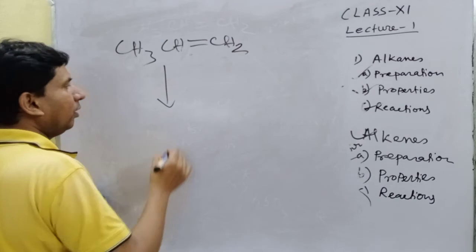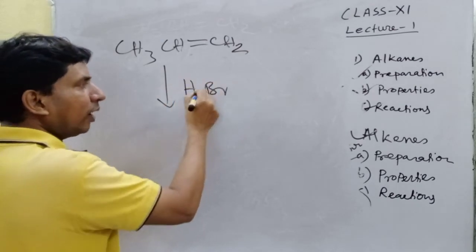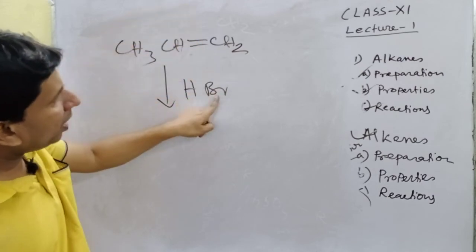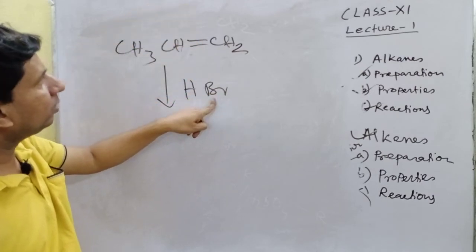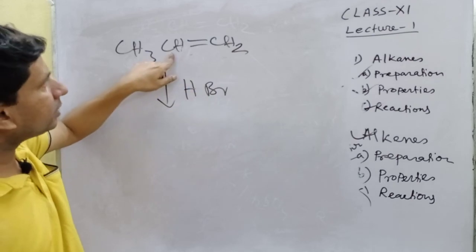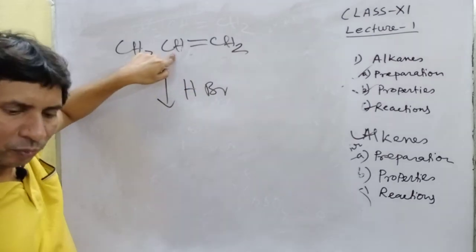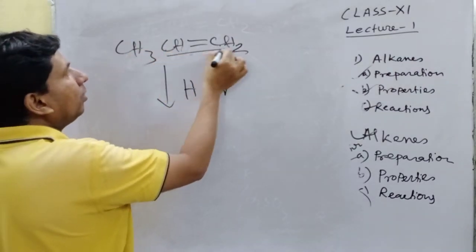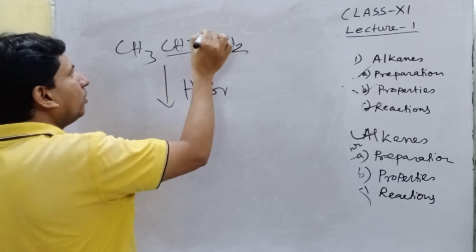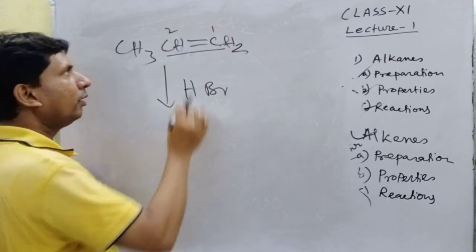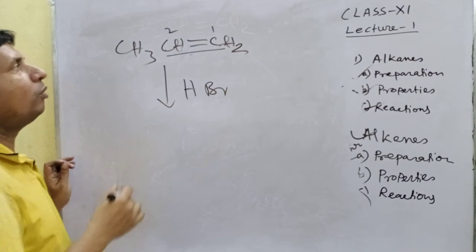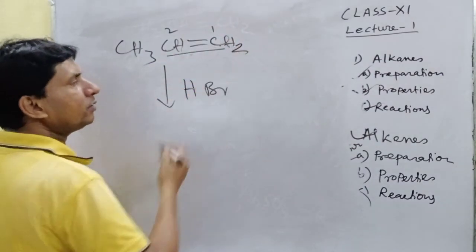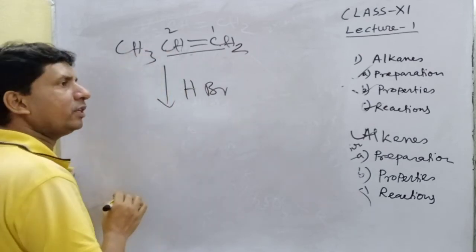So in addition of an asymmetric polar compound, the negative part will be attached where fewer hydrogens are present in the double bonded carbons. The double bonded carbons are the first carbon and second carbon. Hydrogen will be attached to the first carbon because it contains 2 hydrogens and the other carbon contains 1 hydrogen.